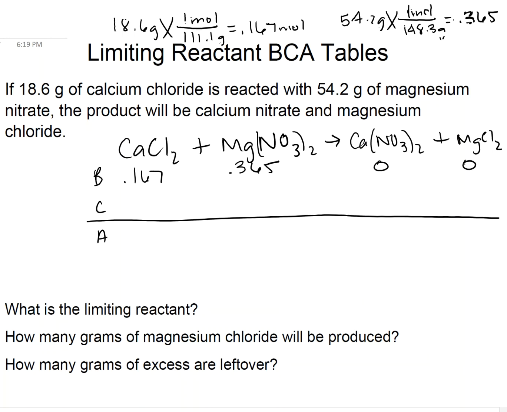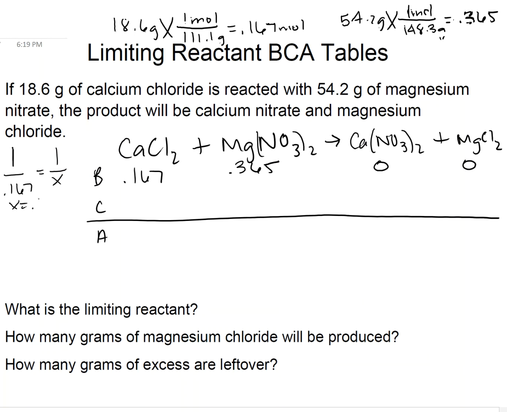The new step for limiting reactant BCA tables is to figure out which reactant is the excess and which is the limiting reactant. Because they all have coefficients of 1, it doesn't matter which reactant we pick, so I'm going to choose CaCl2 and put the coefficient of 1 over 0.167 and set that equal to 1 over x for the MgNO3.